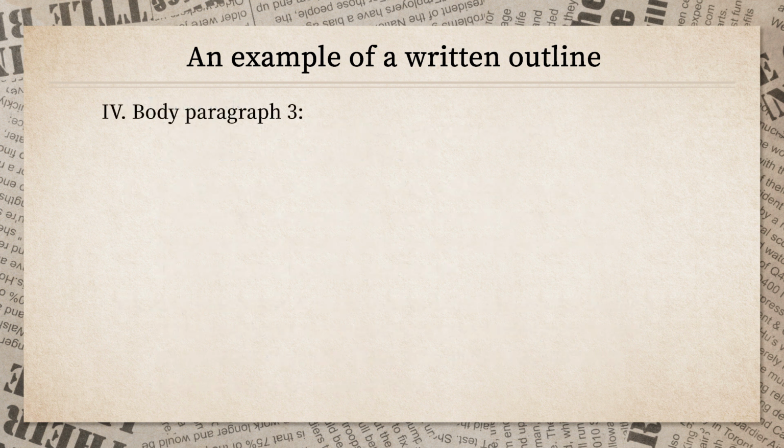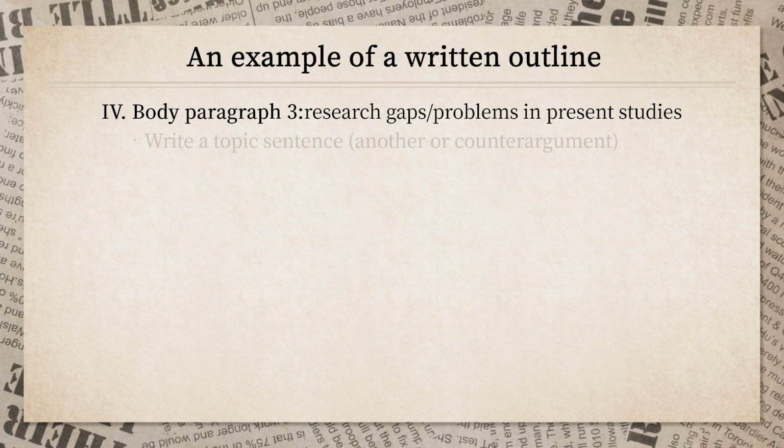Then you'll probably have a paragraph 3, which is about the research gaps or problems in the present studies or themes, and you need to write a topic sentence. It could be an argument or a counter-argument or another argument, okay?